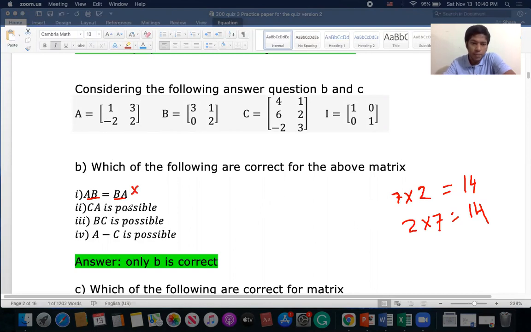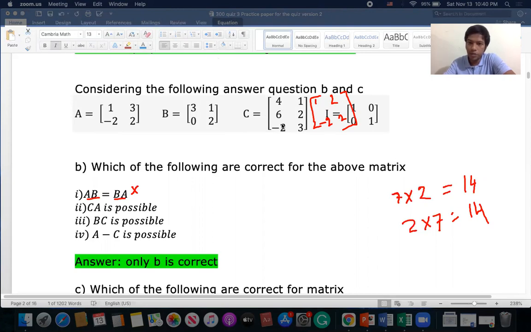Then, is CA possible? CA means multiplication between C and A. So you will have to write C first, then A later. For example, A will be here: 1, 2, minus 2, and 2. So the question is, is this multiplication possible?